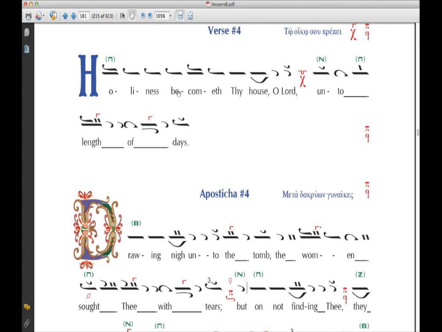Holiness becometh thy house, O Lord, unto length of days.